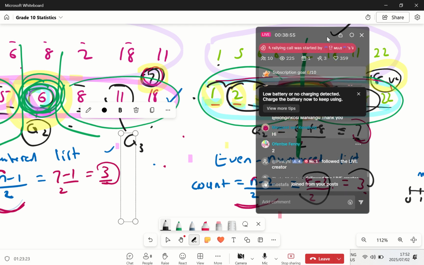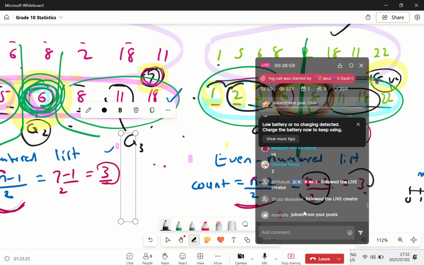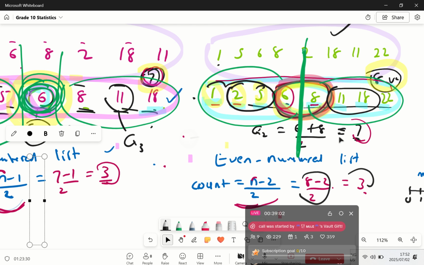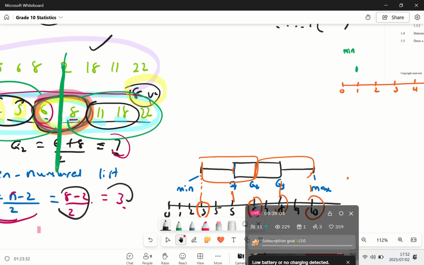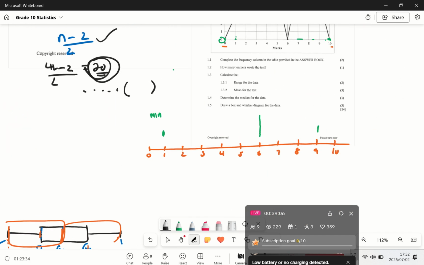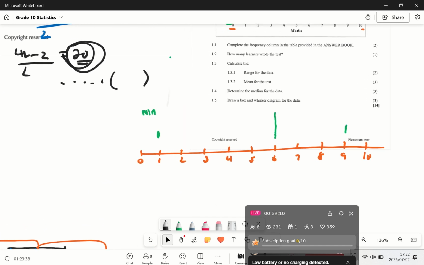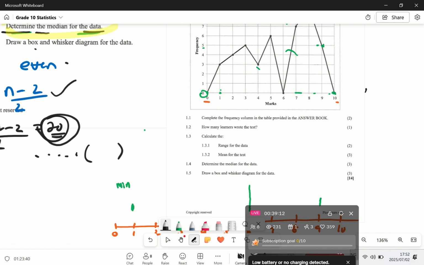So now we're going to apply that on our data set. Remember what we're looking for now is Q1 and Q3. Our data set has 42 numbers.